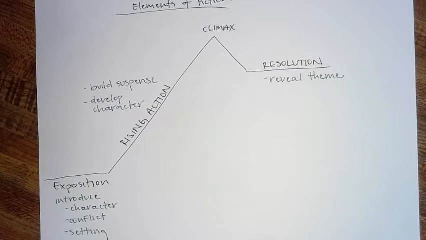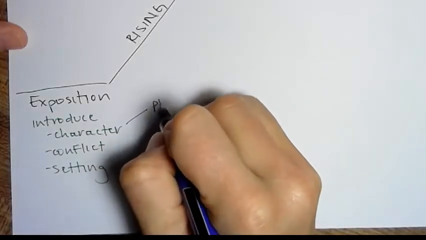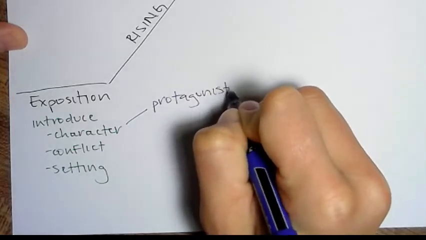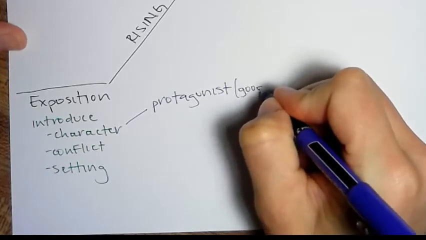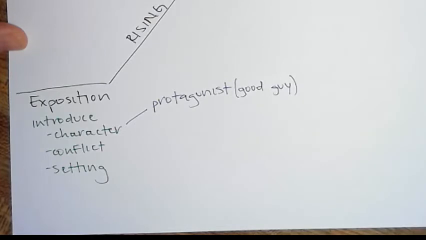But let's get a little bit more technical and remind ourselves of some more vocabulary. So you have character. You have a protagonist. And this is usually, but not always, the good guy. This is usually, but not always, the main character, right?